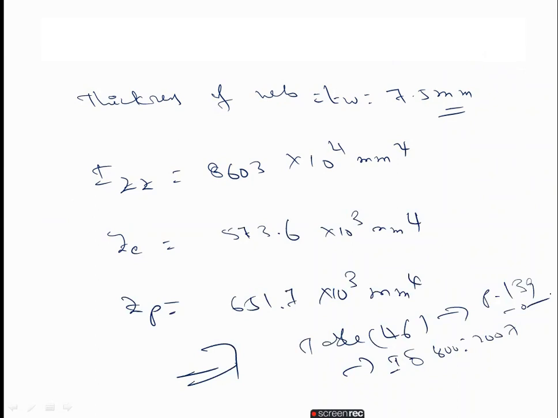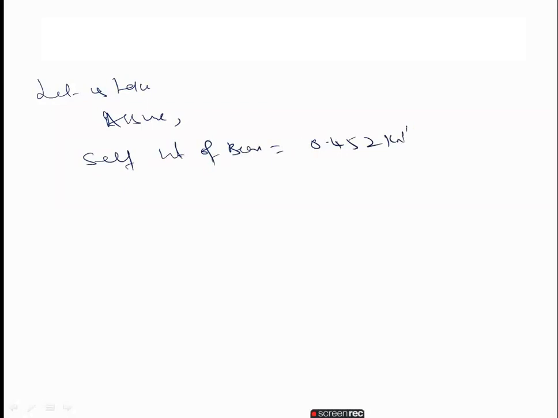All of you note down the page number is 139. So this is the given data of ISMB 300. Now let us assume the self weight of the beam is 0.452 kilonewton per meter. So actually how we will do it, the self weight of the beam, once you know all this.